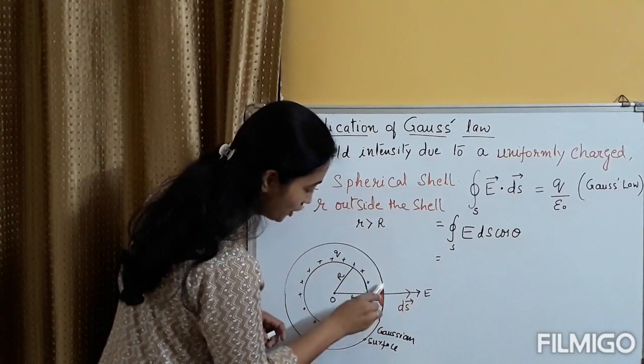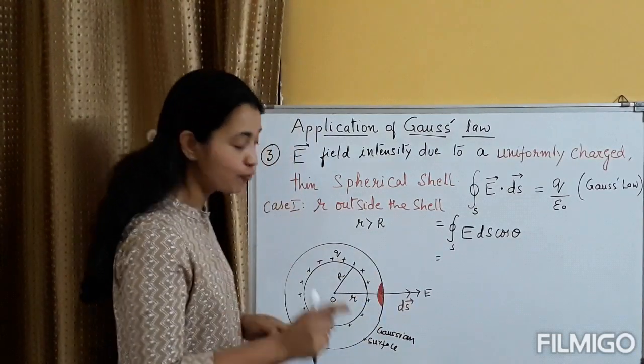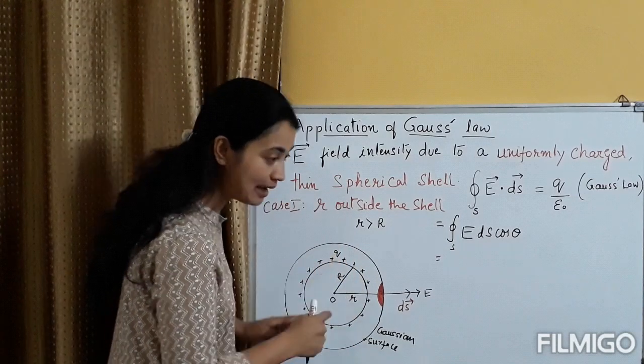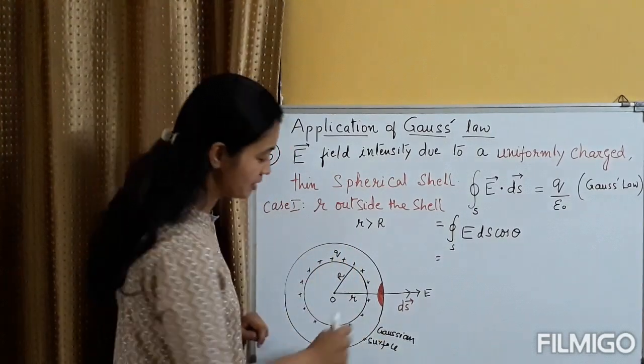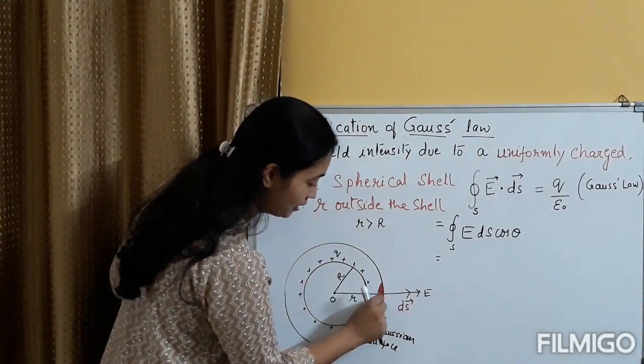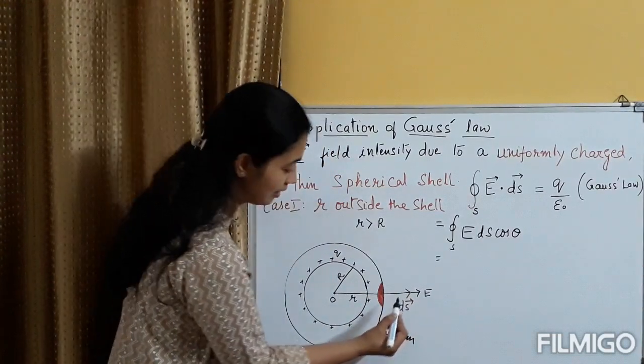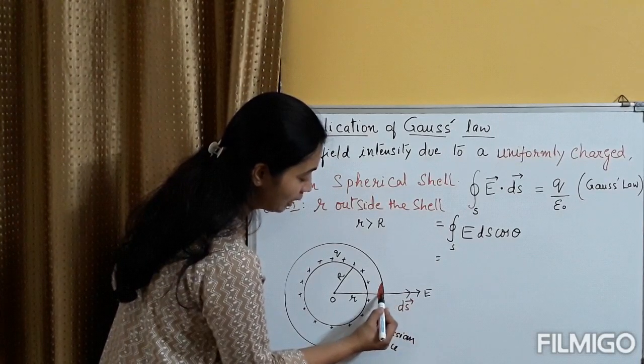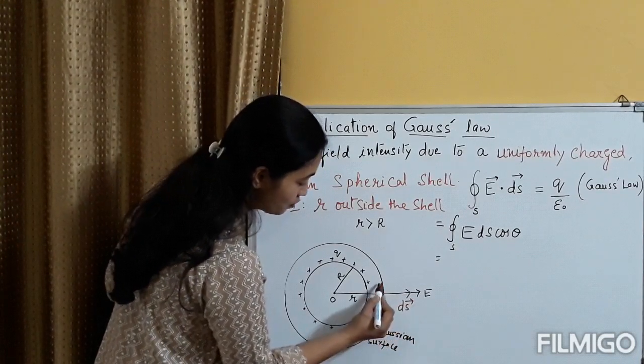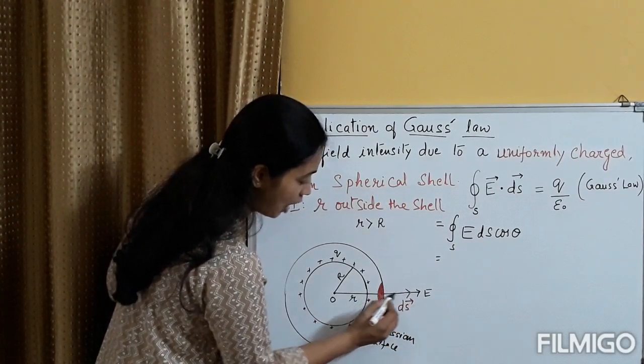This small portion ds we have chosen from the total surface S of the Gaussian surface. And the area vector of ds is outward normal. It is shown through the arrow itself. ds vector, the small area vector of the small area ds, is outward normal.